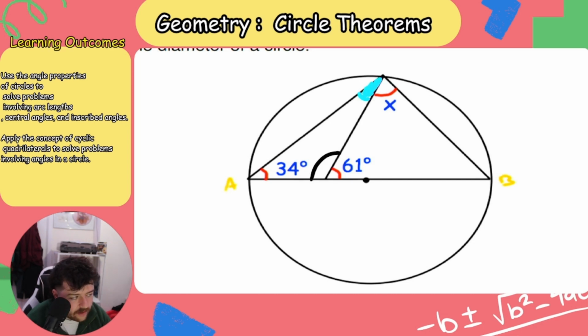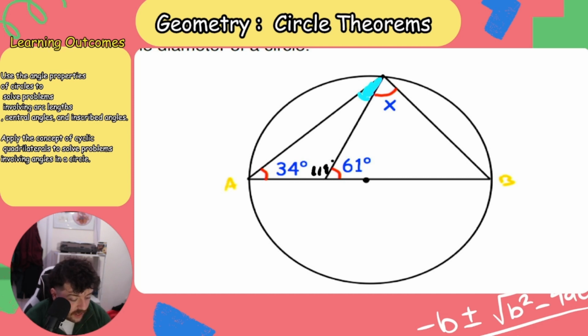I know what this angle is going to be, because angles on a line add up to 180. That's one of the axioms anyway. So if this is 61, therefore the angle in here must be 119. Now I have this triangle here.